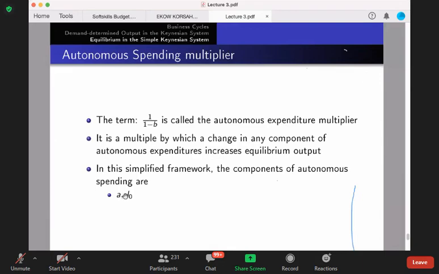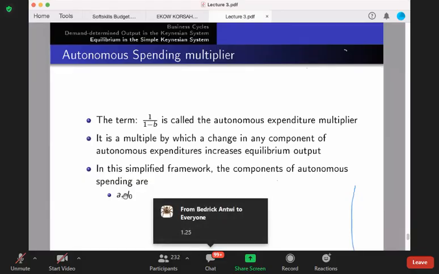So 1.25. Yes, 1.25. Okay, beautiful. And I'm saying that if we know what this 1.25 is, and any of the autonomous elements changes, we can determine the extent to which national income will change.